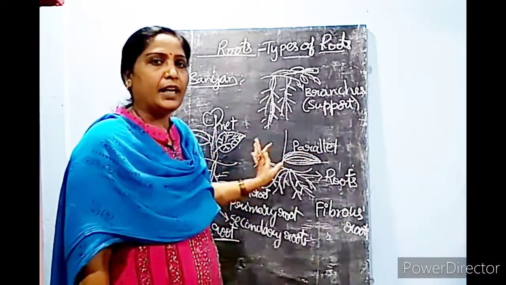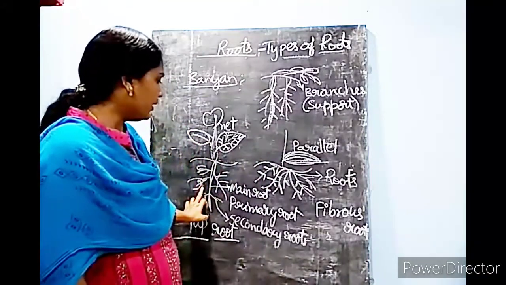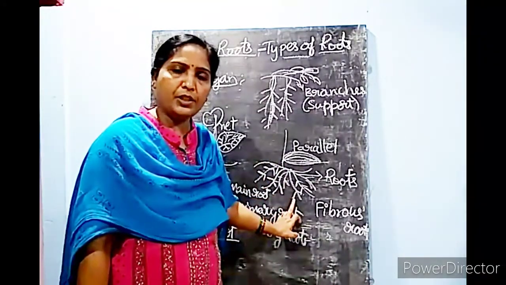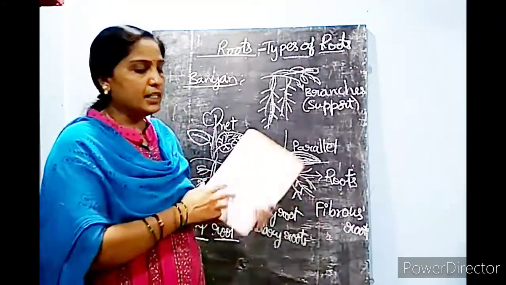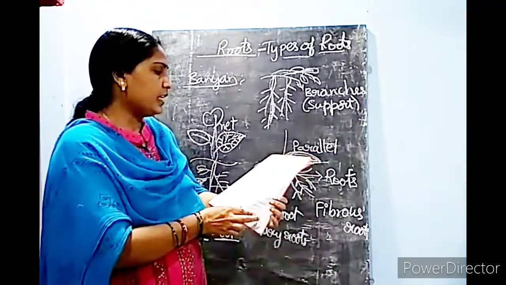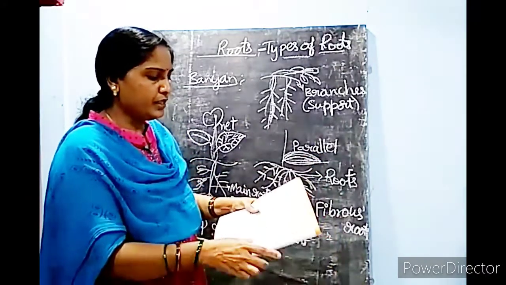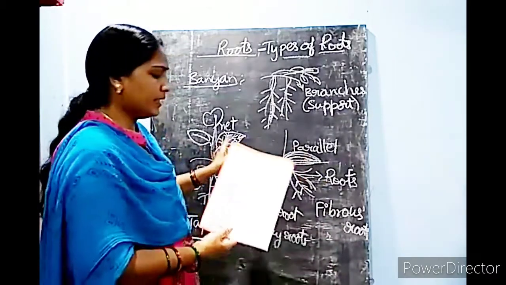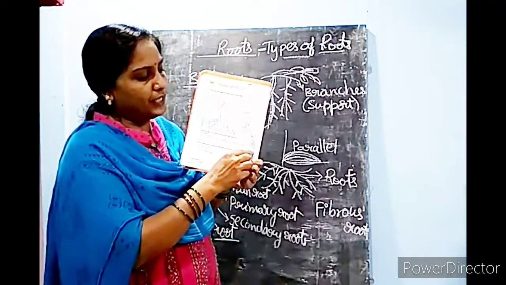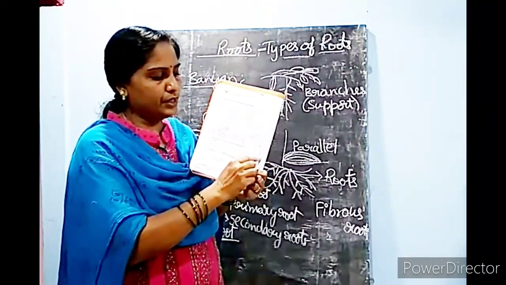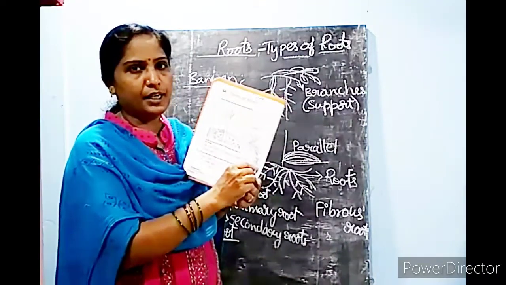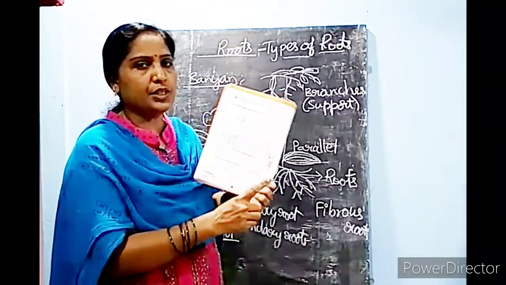You write. On the next page, draw the taproot system and fibrous root system, and it is also asking you to find out the difference between these two plants. It gives the picture of the taproot system and fibrous root system, and is asking you to identify what type of roots they are.